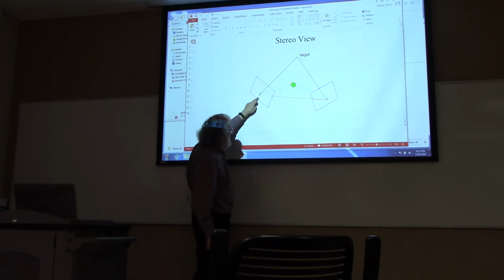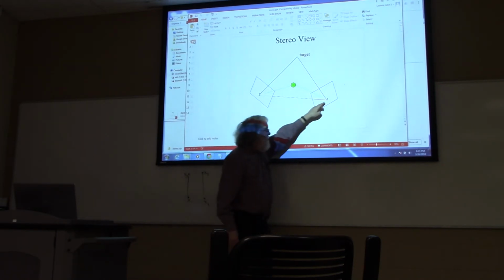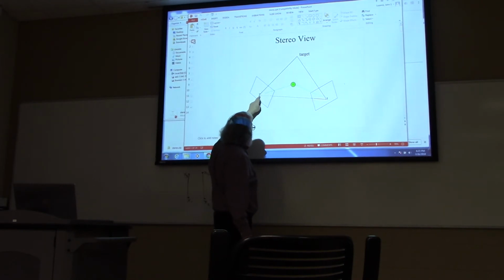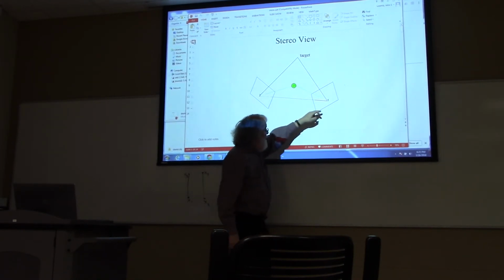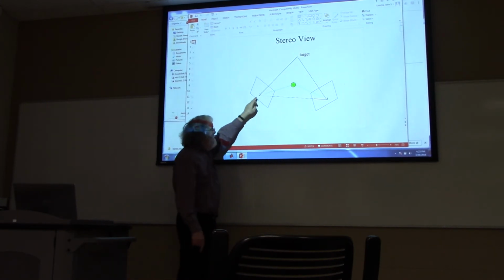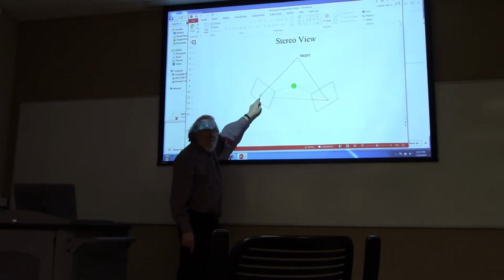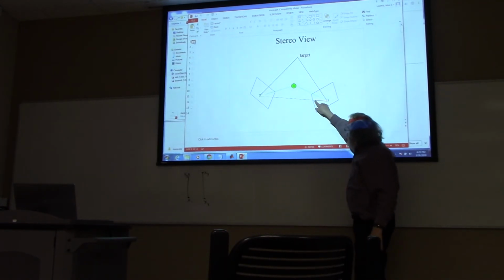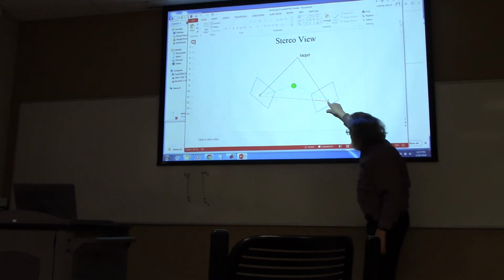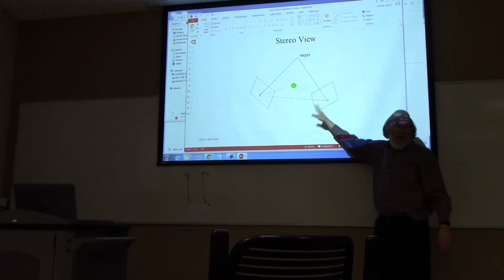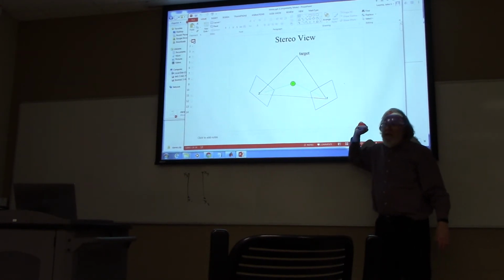All right, so if we take the center of this camera and draw a line to the center of that camera, that is the center of camera 1 as seen by camera 2. And then over here, this point where it intersects the camera is the center of camera 2 as seen by camera 1. It's the same line, right? It has to be the same line.